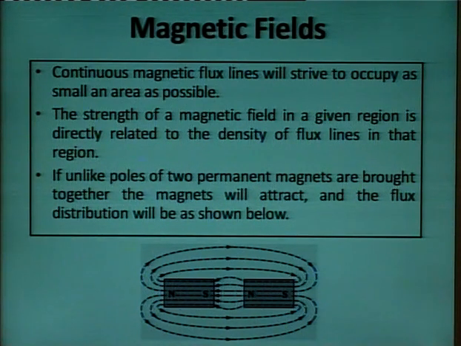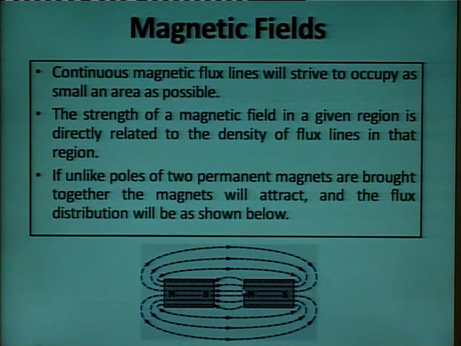If unlike poles of two permanent magnets are brought together, the magnets will attract and the flux distribution will be as shown below, as we can see in this diagram.